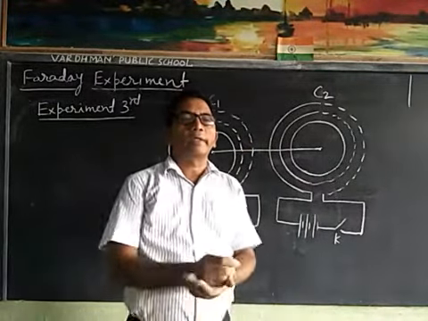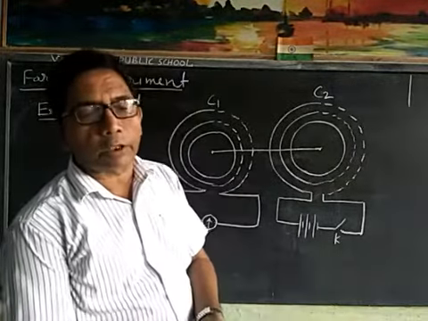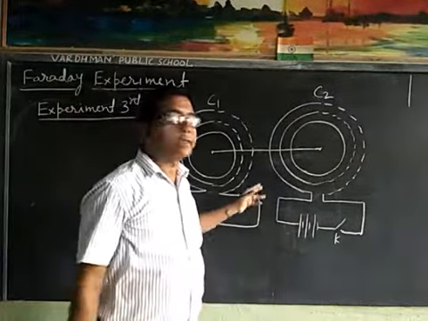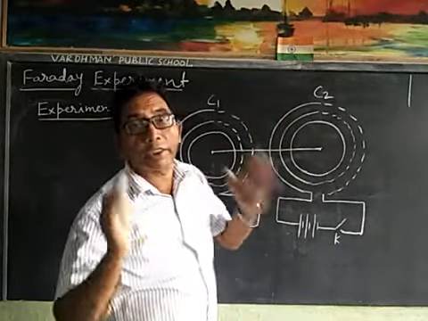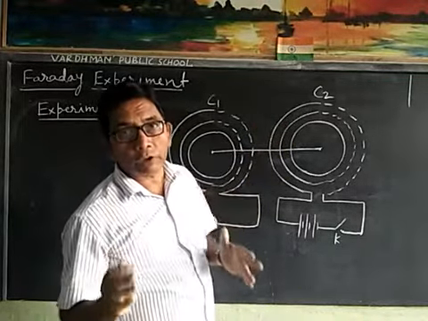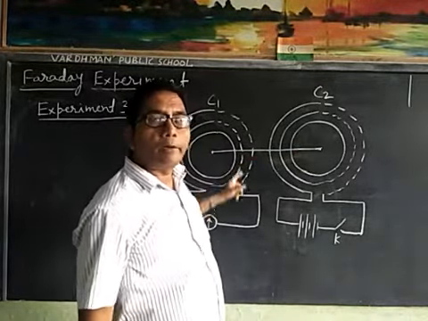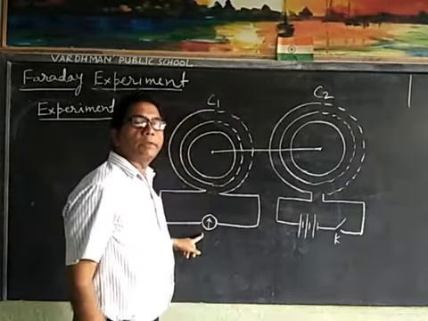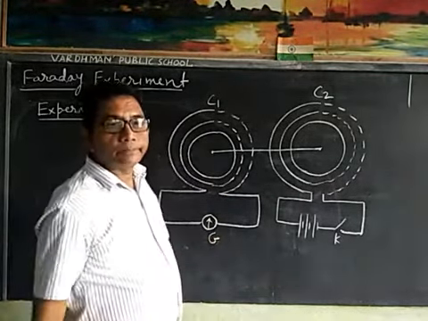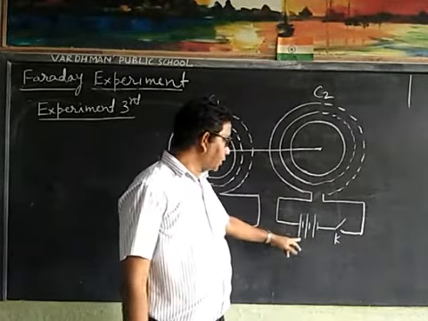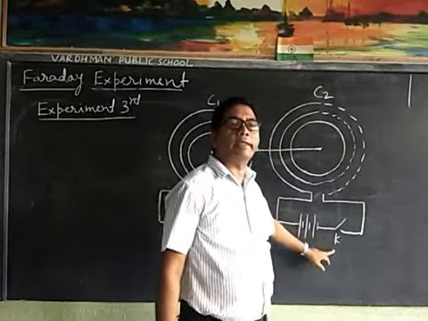Faraday showed that relative motion is not an absolute requirement. Two coils C1 and C2 are held stationary, and one coil is connected to the galvanometer, and the other coil is connected to a battery through a tapping key.